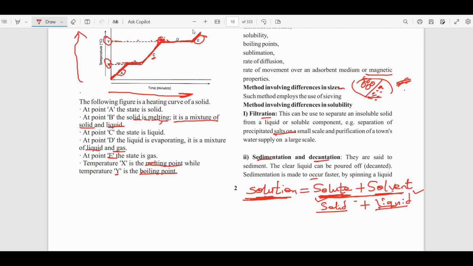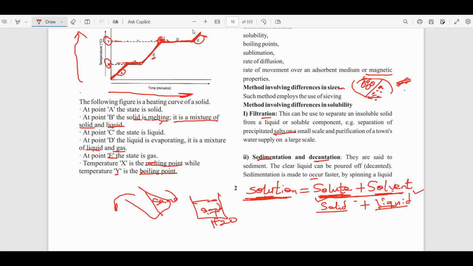Decant is just the process of pouring out. So you have this as your beaker, with, let's say, sand plus water. By the time you begin to pour off the water, you will be left with the sand.